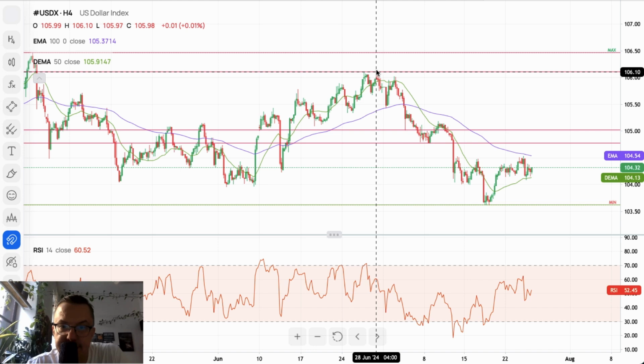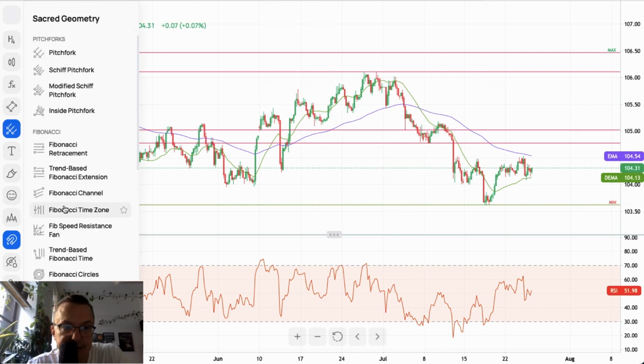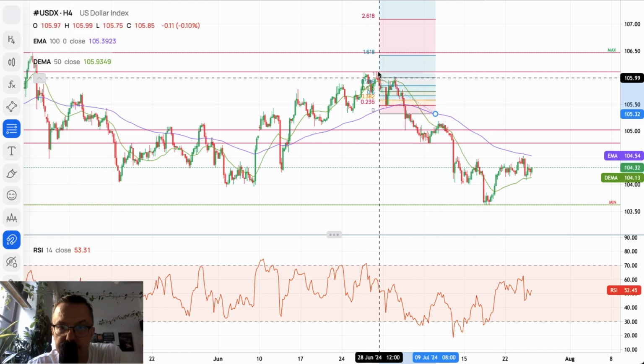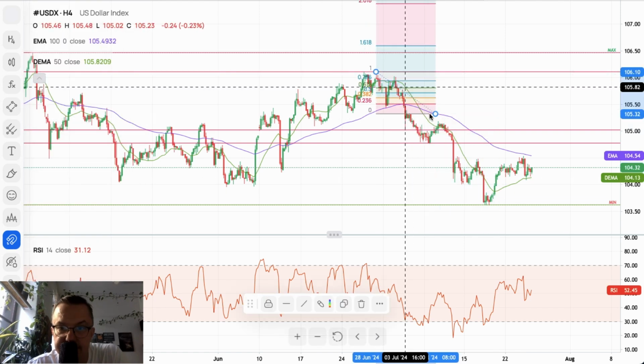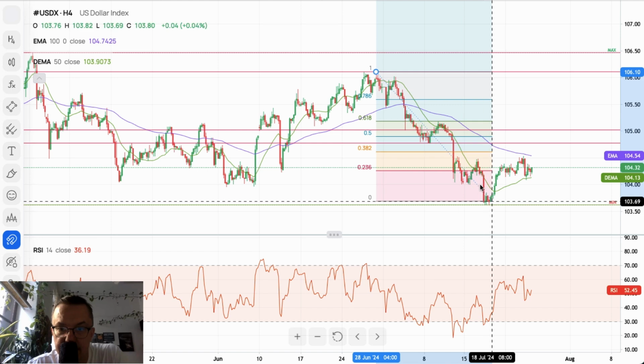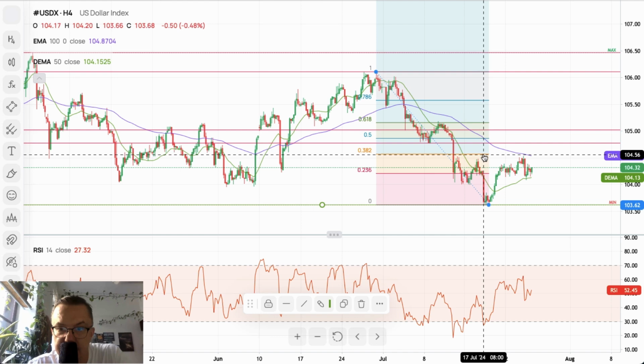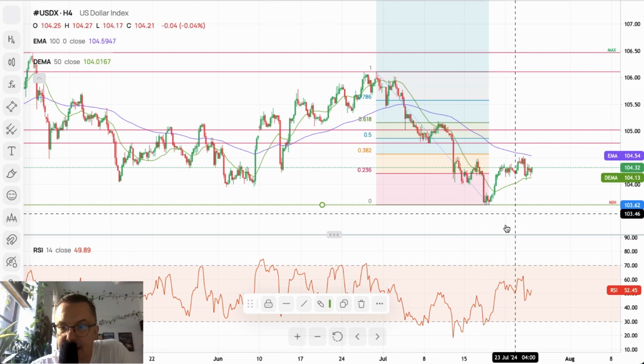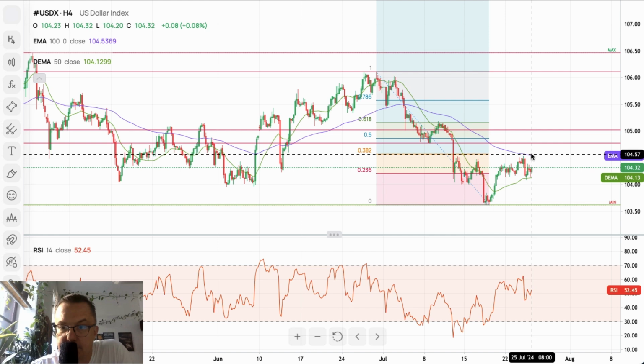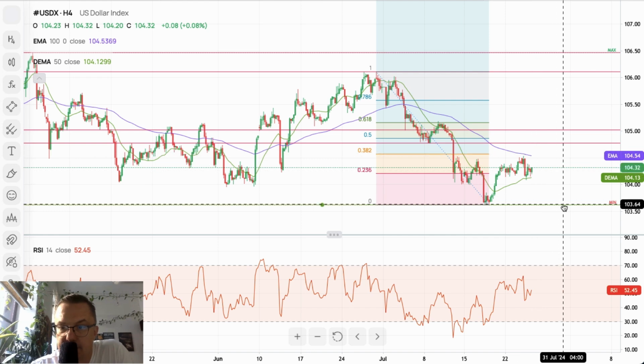You can see this movement here to the downside. So let's see how much we actually retraced from this last swing down. If we apply our Fibonacci tool, you can see that we retraced exactly 38%. 38% has been retraced of this last swing down. So this is a very good level for a reversal lower.